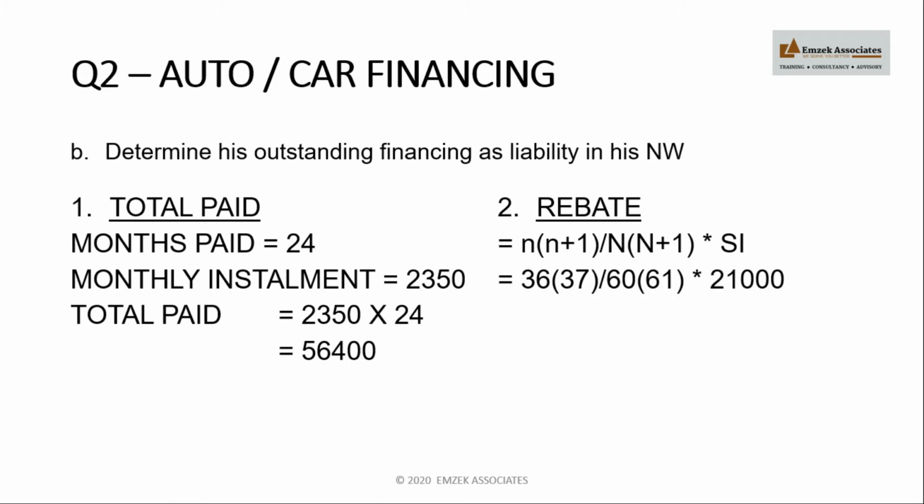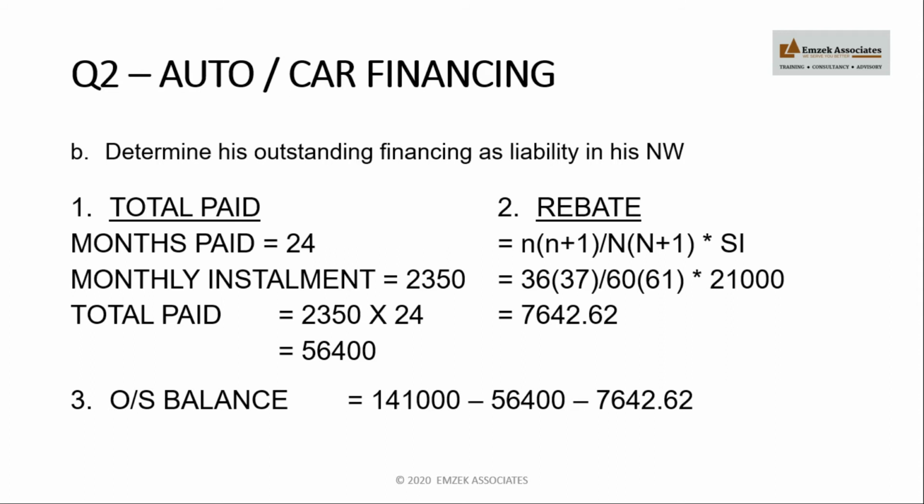The smaller n refers to the balance months not yet paid, and the bigger n is the total months in 5 years. So we get 36 times 37 divided by 60 times 61, and then the whole figure times 21,000, which is the SI value. So we get the rebate as 7,641.62.